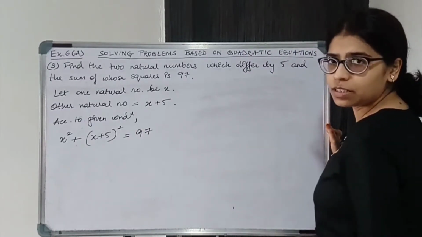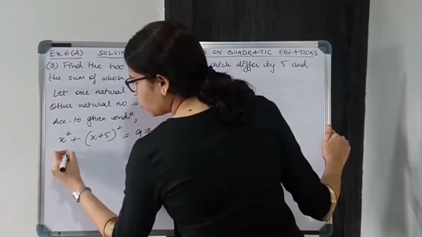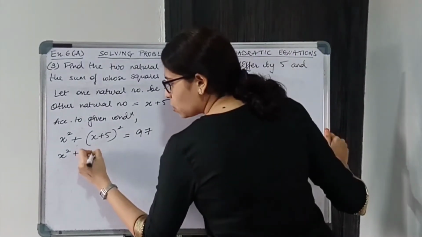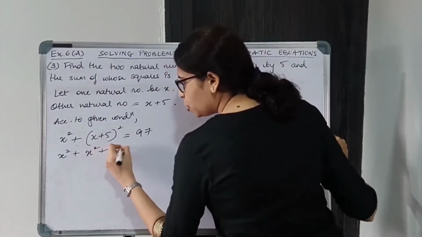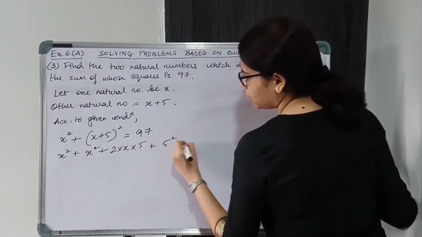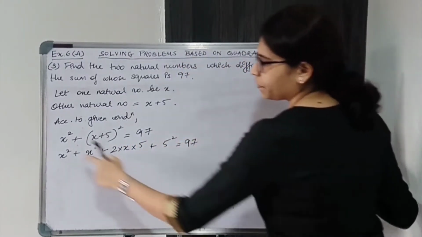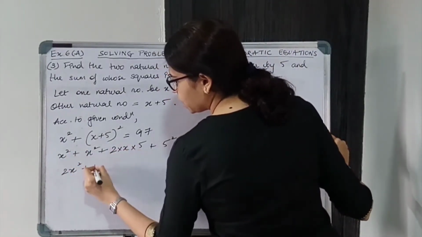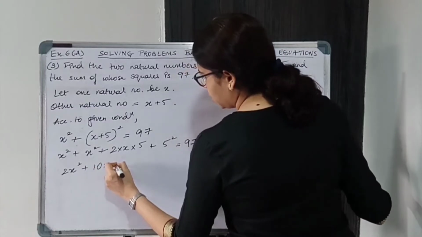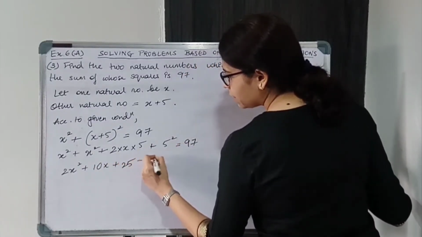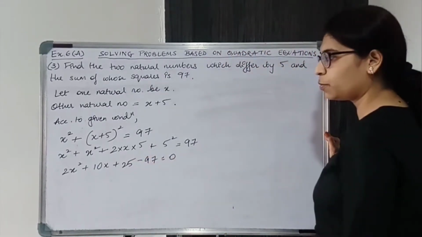Now it's again very easy. Apply the formula for a plus b the whole square: a square plus 2 into a into b plus b square is equal to 97. So x square plus x square, 2x square plus 2 fives are 10 into x plus 25. Let's shift 97 to the other side, equal to 0.